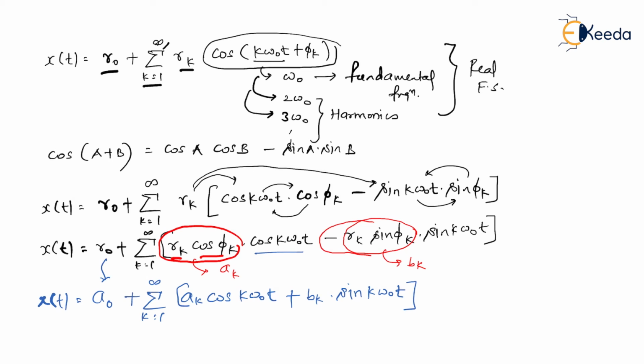So it all started with the complex exponential Fourier series, from which we derived the polar form Fourier series, and from the polar form Fourier series, after expanding it, we saw how it becomes a trigonometric Fourier series. So these relations are very important that we have learned. Let us summarize what we have done. You should also understand how we convert from one Fourier series form to another.